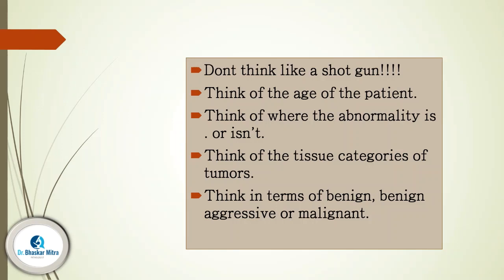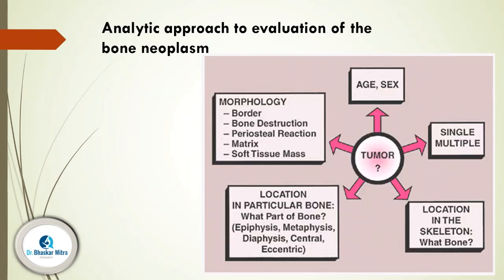Now, before starting bone pathology, first think of three things. What is the age of the patient, where is the abnormality, what type of tumor, and what is the nature of the tumor. First is the demographic details, the age and sex. Some diseases are particularly prevalent in children, with male or female preponderance in some cases.